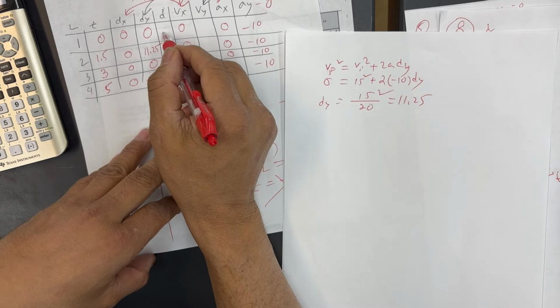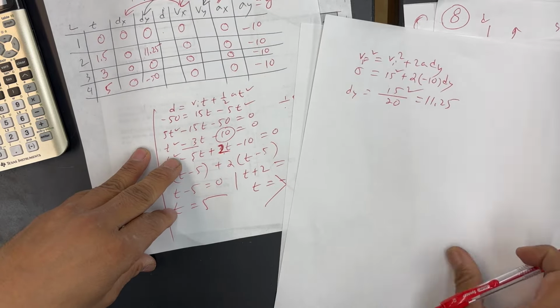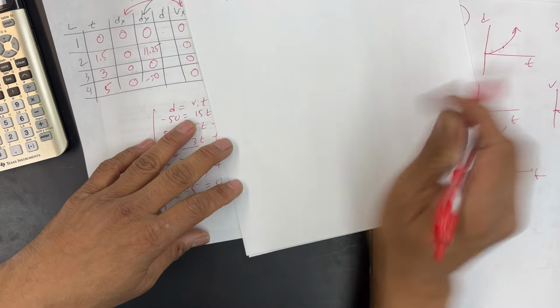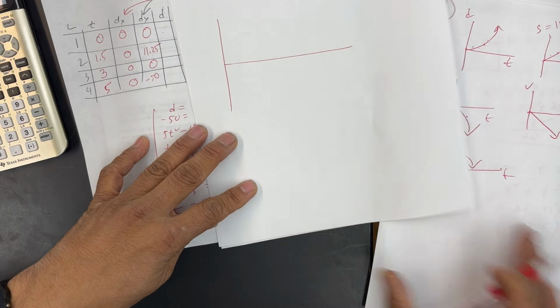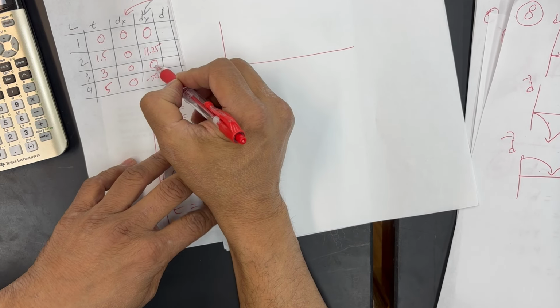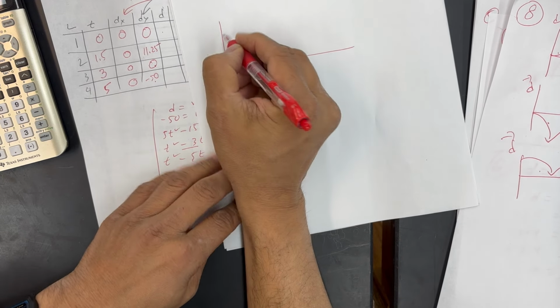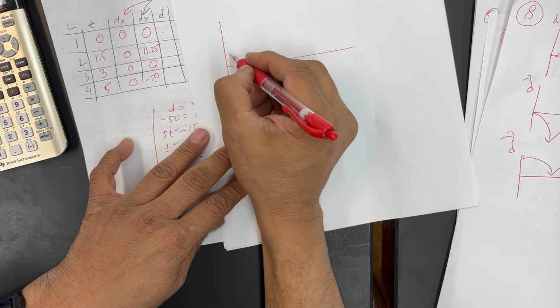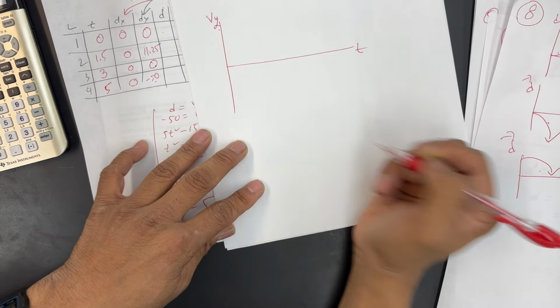Okay, so now we can find the distance. To find the distance, we have to do this. We're also going to see why this is 0 and why this is negative 50. Okay. All right. So now this is Vt, of course Vyt.